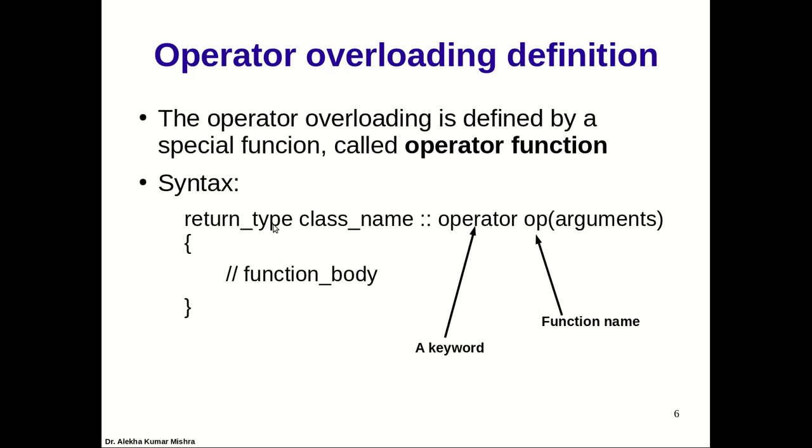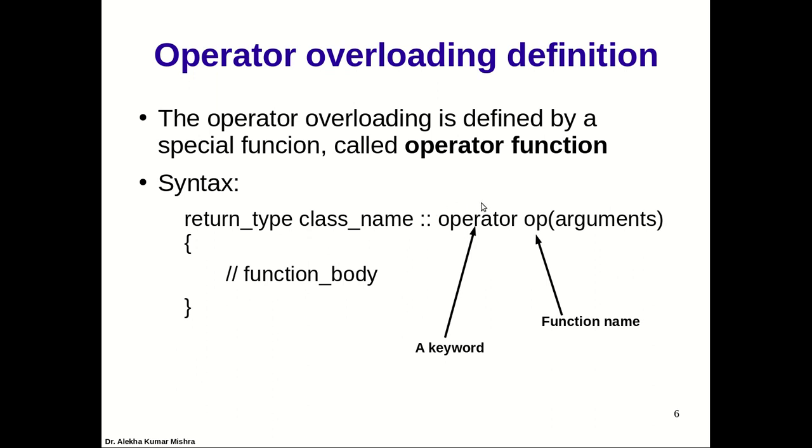If it is a member operator function, there can be two types; we'll see that. Also, we have seen the concept of friend, so it is also possible that we define a friend operator function. Then the most important thing is that we use the keyword operator.